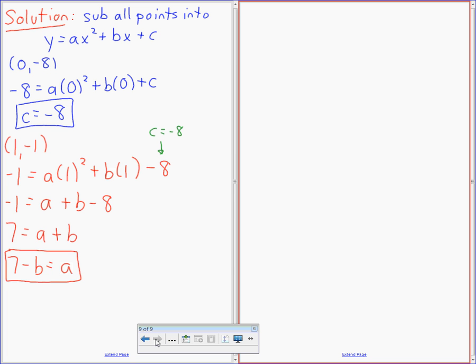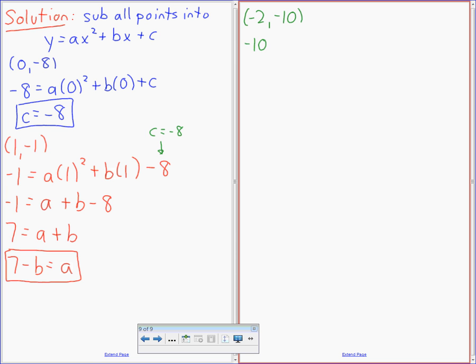Okay, my third point here, Noah, is going to be negative 2 and negative 10. Okay, so what's the y value here, please? Okay, good.